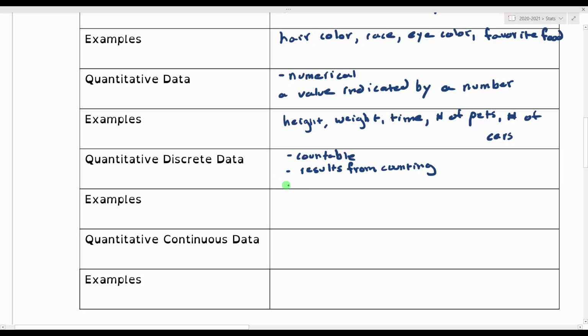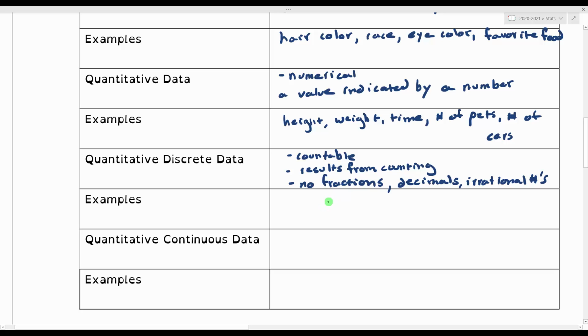There are no fractions, no decimals, no irrational numbers. It's like 1, 2, 3, 4, 5, 6, 7, 8. We're talking about nice counting numbers.